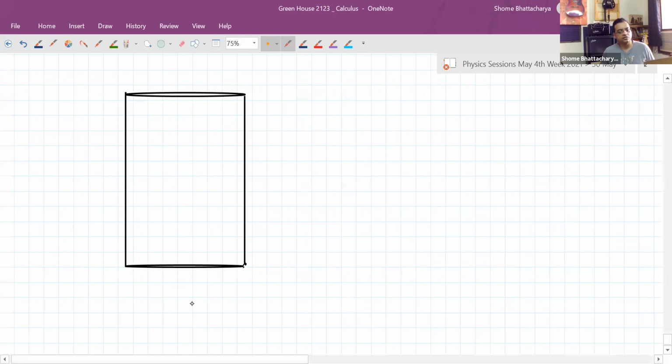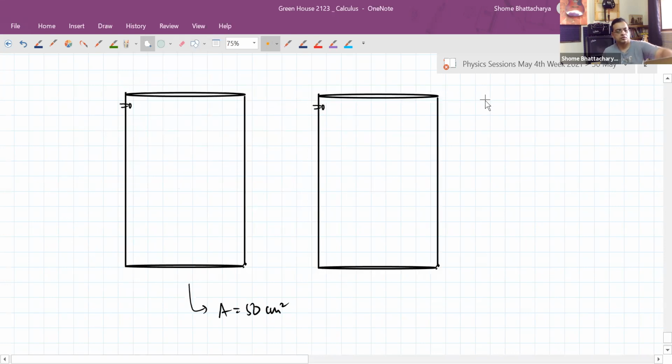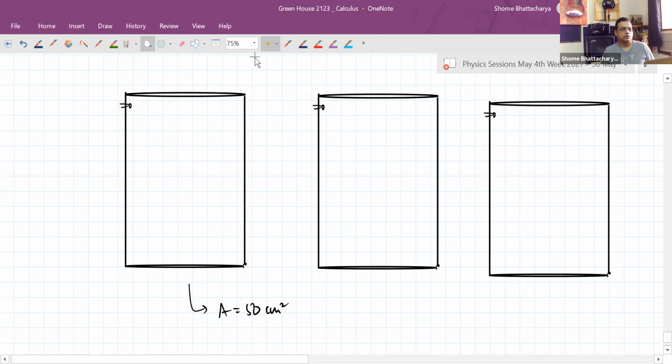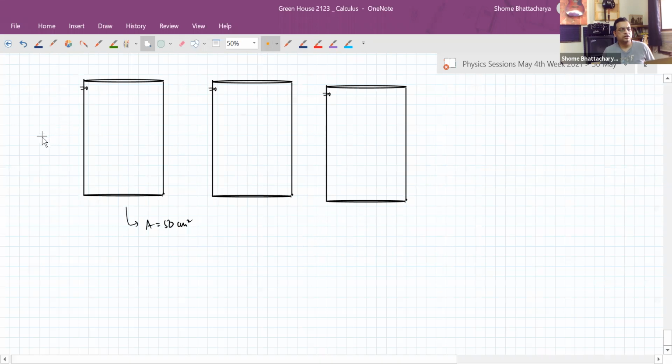So this is my vessel, which has a base area of 50 centimeters square. And it has an inlet tap. At t equal to 0, it's completely empty.